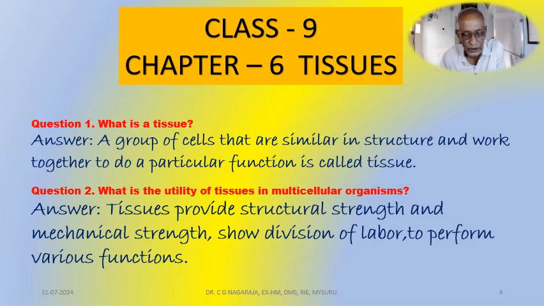There are many different kinds of tissues in the multicellular organisms. So what is the importance of a tissue? What is the utility? That means tissues provide structural strength and mechanical strength, and also help in division of labor, that is to perform a different function or a particular function and various functions.